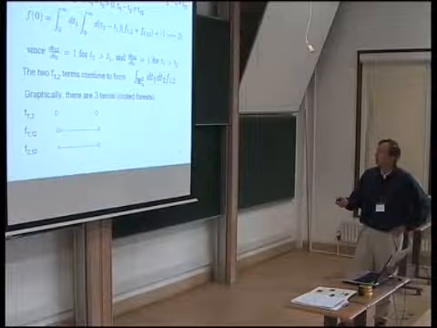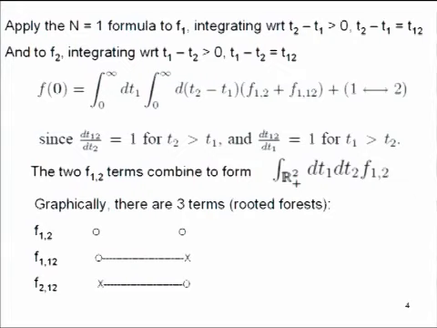There's F12, which I think of as being 2 roots, F1, comma 1, 2, which means you have a root at 1, and then the 1, 2 gives a link, and then the corresponding term with 2 is a root. But, I'm sorry, integrating over R, you have a function of 3 variables. So integrating over R2 plus means that the third variable is defined as the absolute value of t1 minus t2.